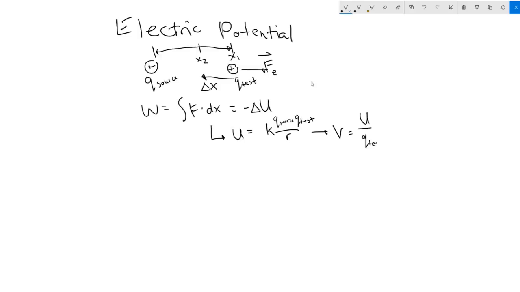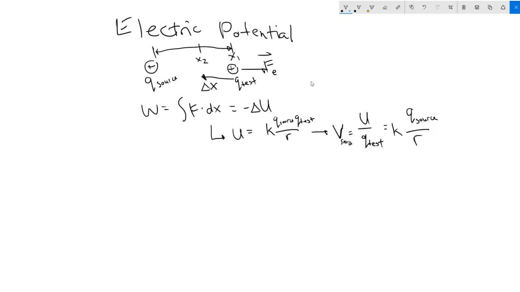What you're doing is dividing away this test charge. Then what is the potential at this spot due to the source charge? That's what you get: just K Q source divided by R. So that's looking at it in terms of potential energy.